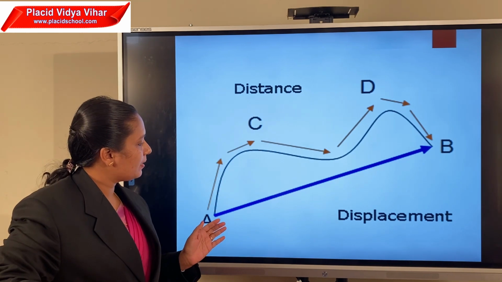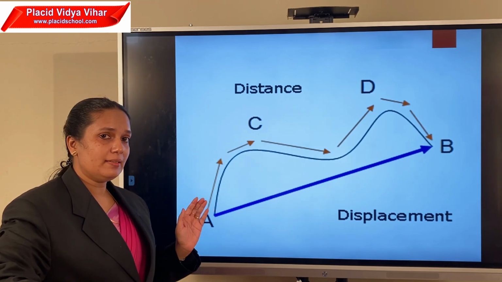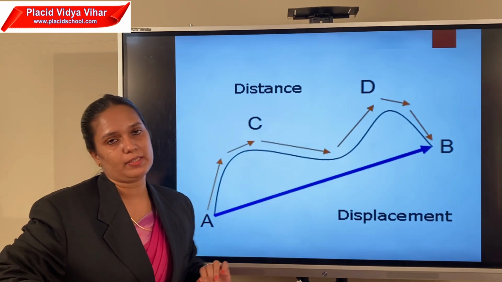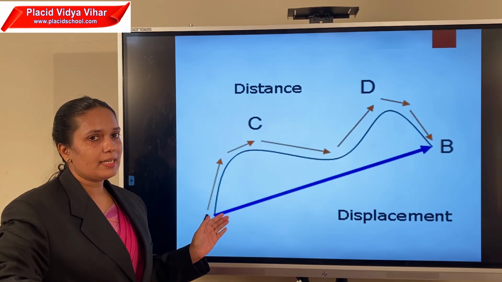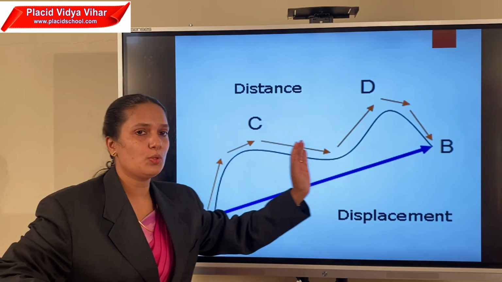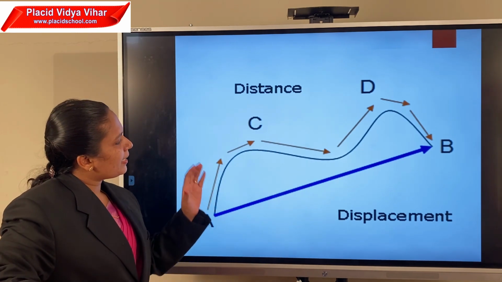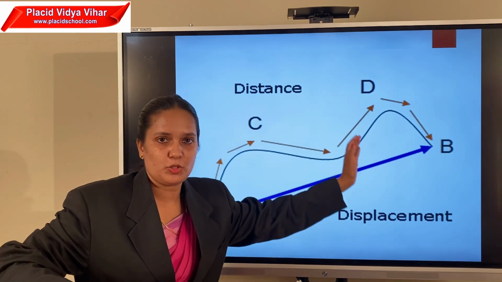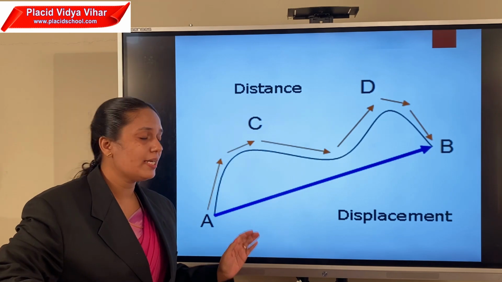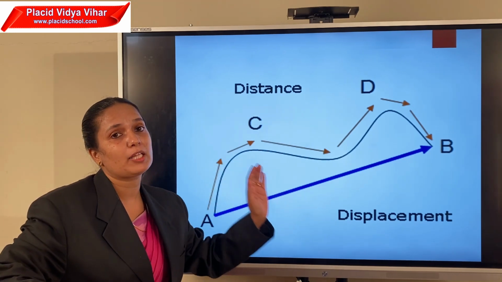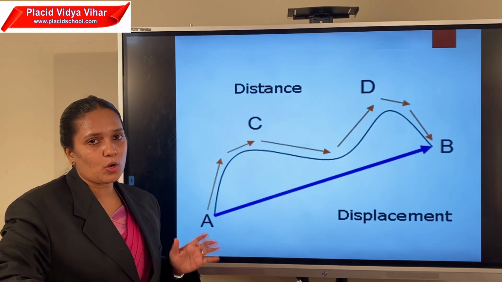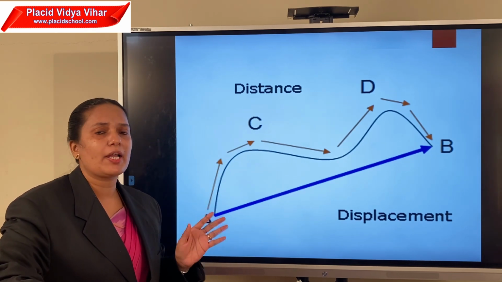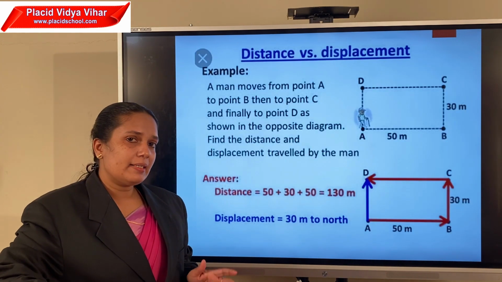In displacement, the direction of motion is always from initial position to final position. So in this case, the direction is from A to B. Then, as you can see, the distance depends on the path of an object, but displacement does not depend upon the path of an object, because to calculate displacement we consider only its initial and final position.